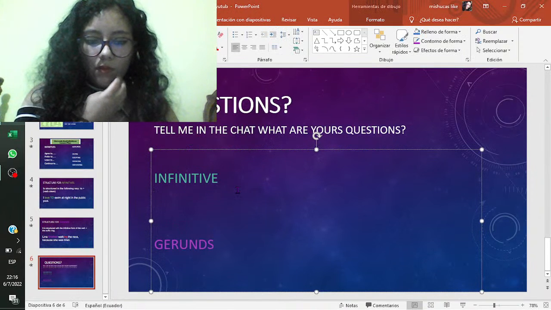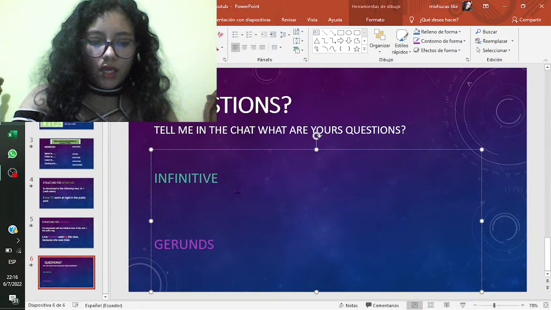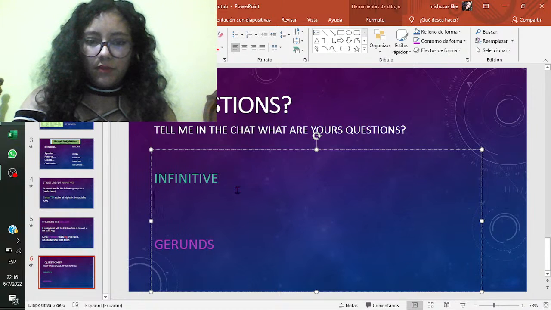The first question says which verbs allow gerunds and also infinitives.